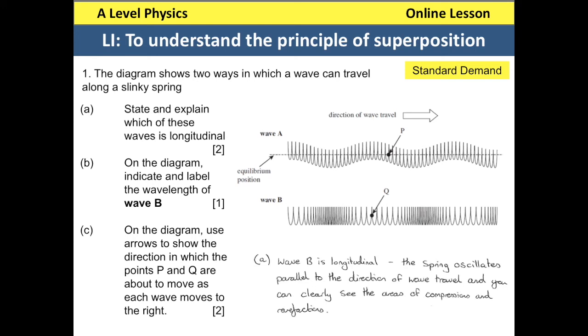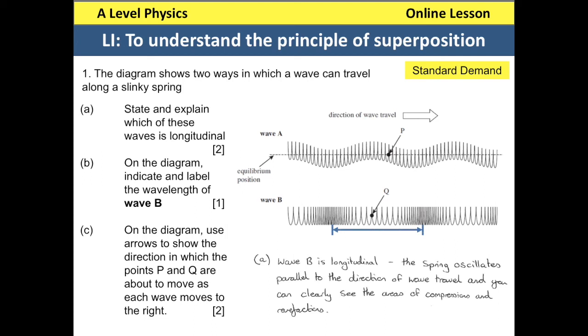Then on part B, it says, on wave B, indicate the wavelength. So a wavelength on a longitudinal wave is the distance between the centre of one compression and the centre of another compression, which I've labelled for you there.